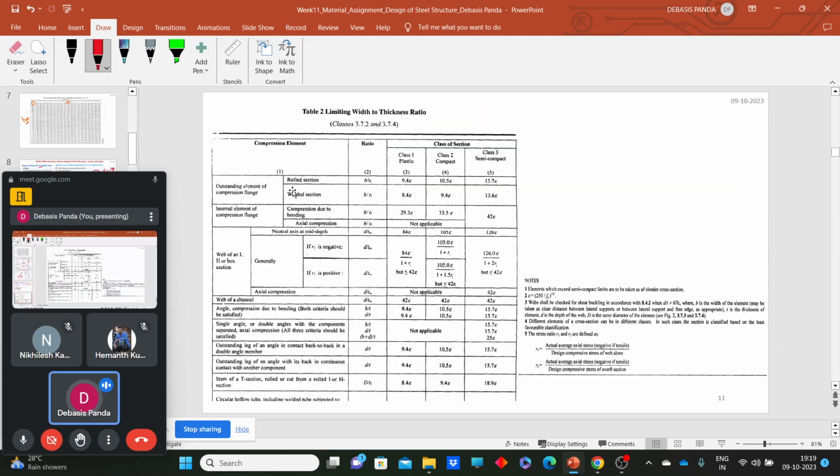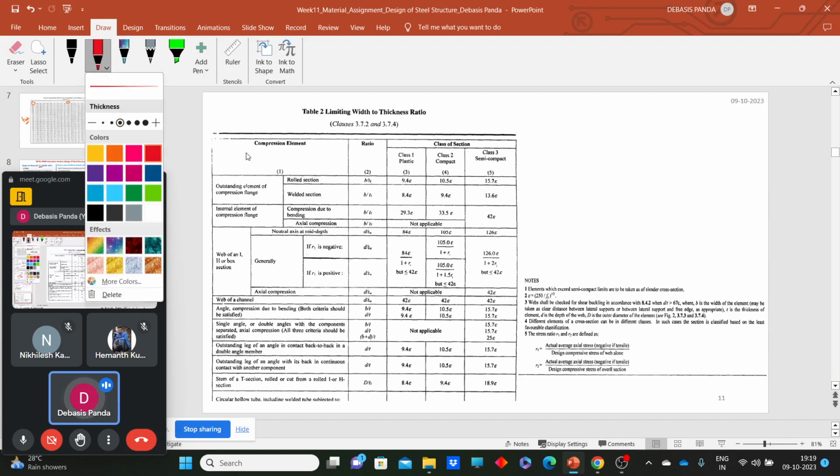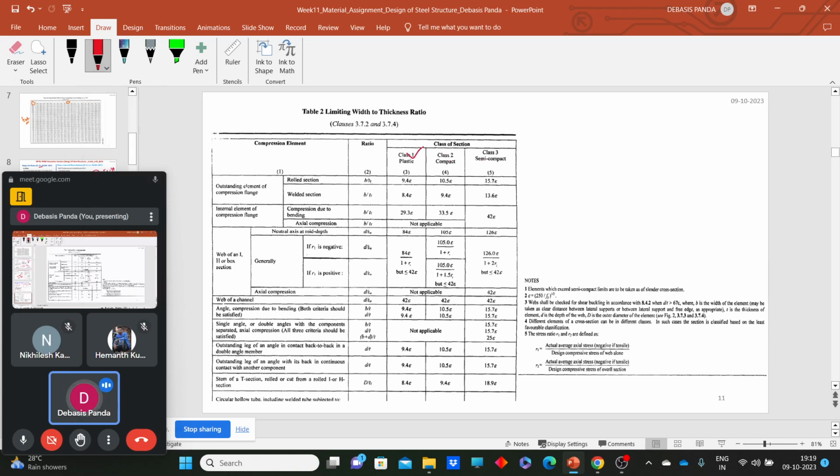So here we can see that for plastic sections, the values are provided like this. How can we identify whether a section is plastic, compact, or semi-compact? Depending on the B by TF value and D by TW value, and also one more parameter, epsilon. Epsilon is nothing but the square root of 250 by Fy.